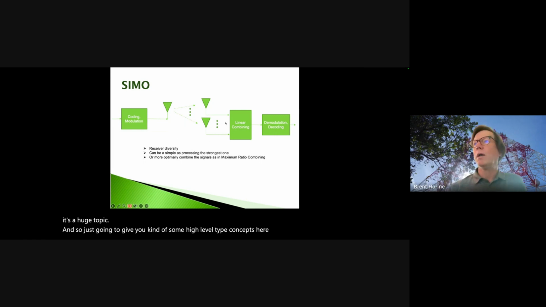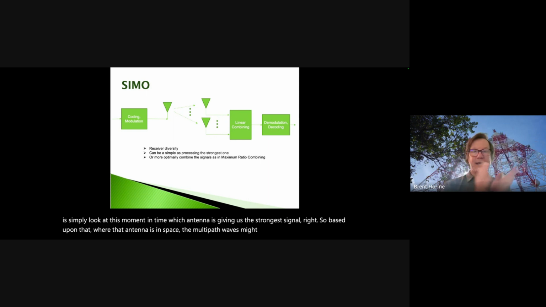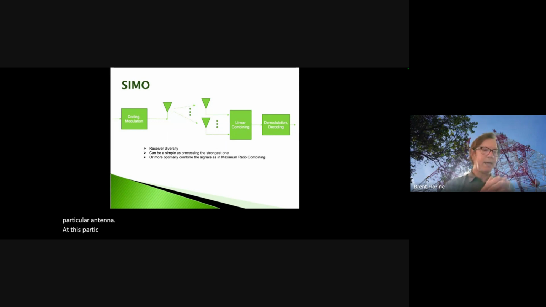So one way we can do this is simply look at this moment in time which antenna is giving us the strongest signal, right? Based upon where that antenna is in space, the multipath waves might be canceling out for that particular antenna at this particular time, causing a deep fade.